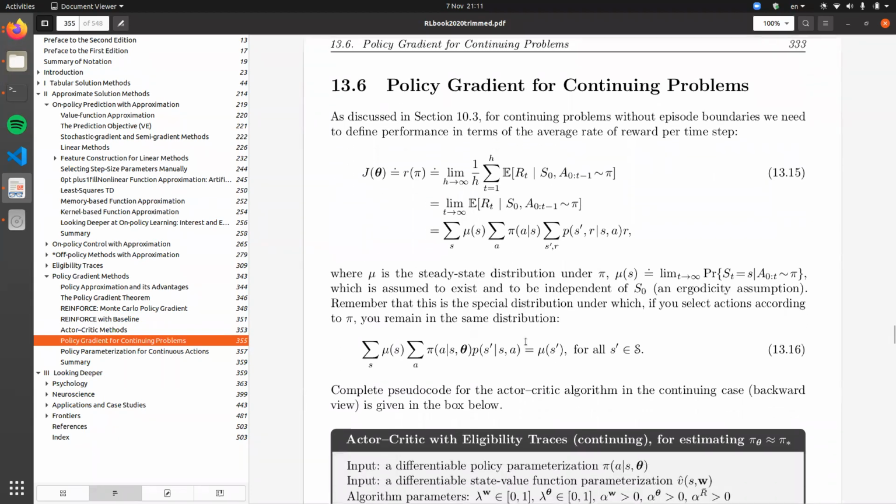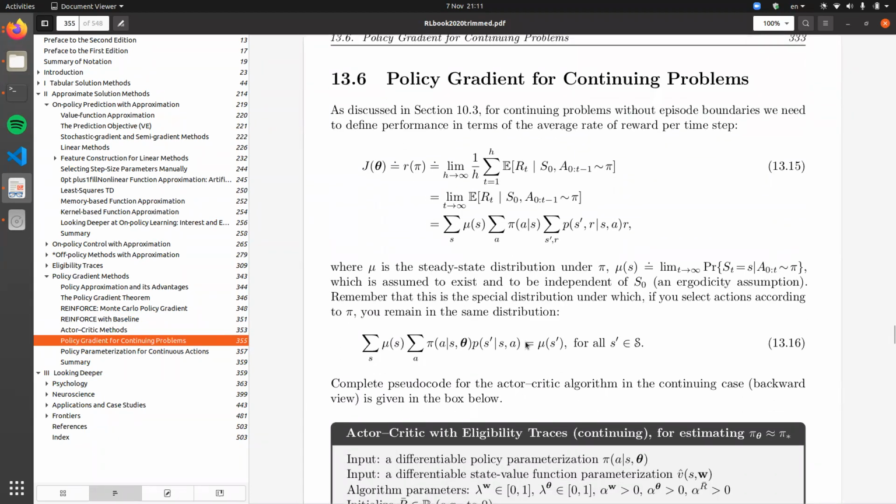But we can apply the policy gradient to continuing tasks, and for that we will use the average rate of reward formulation that was introduced in chapter 10.